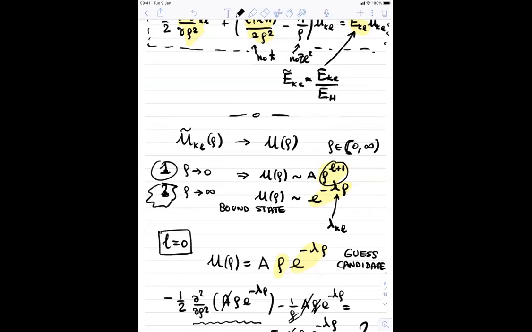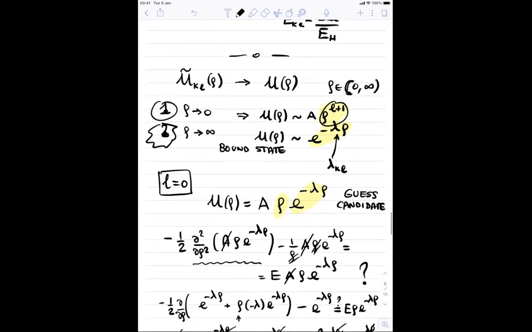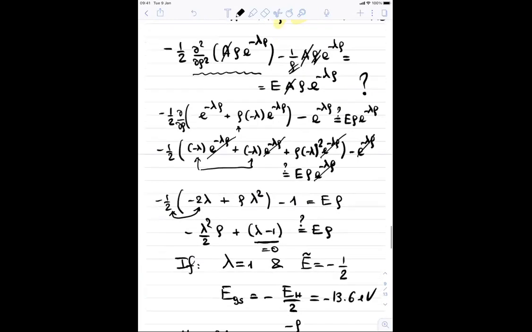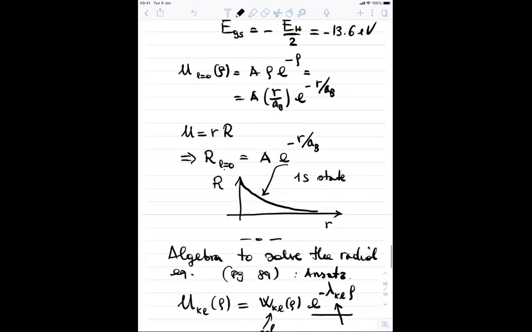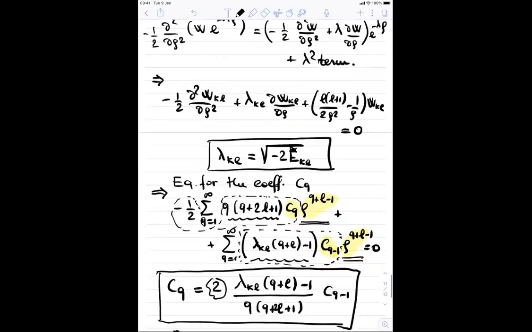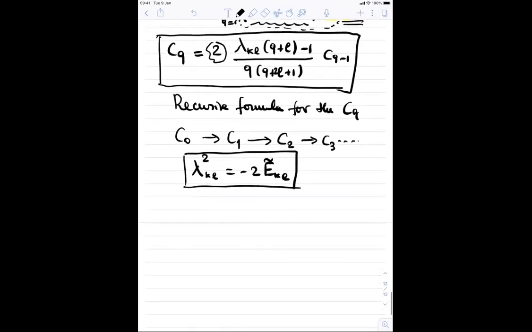This point tells you that if I have a function that goes like e to the minus lambda rho, let me explain to you. Suppose that I am at very, very large rho, where the function u is essentially e to the minus lambda rho.